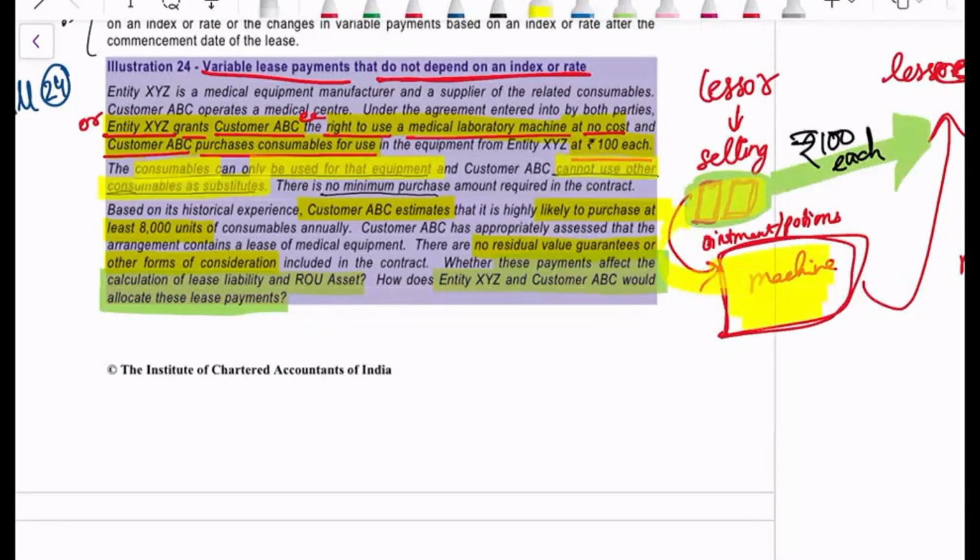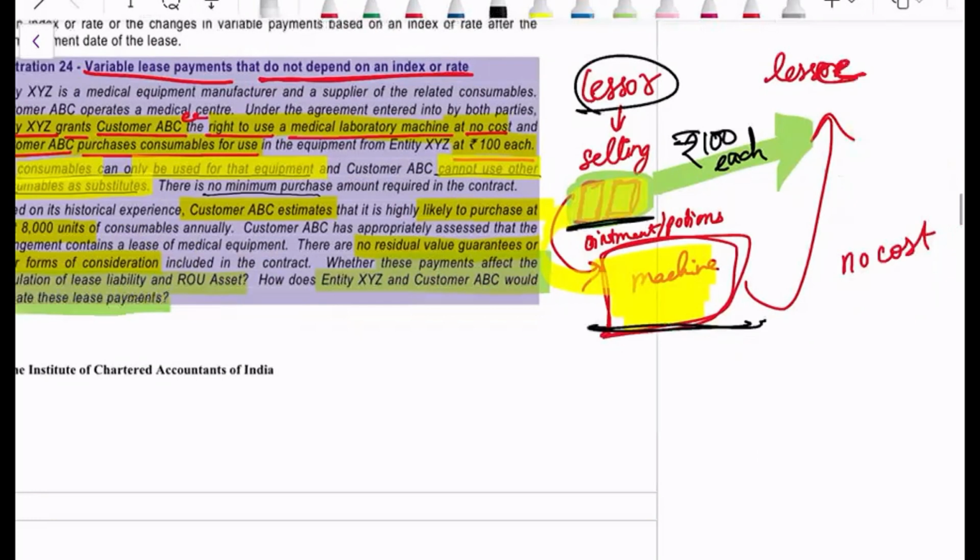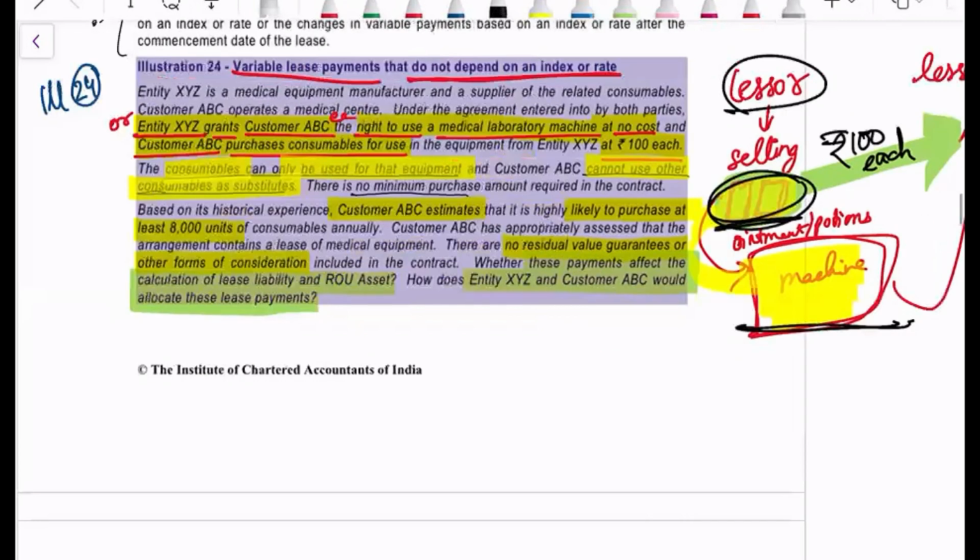So this machine is not going to make the lessor money, but the consumables are, because the lessee can only use these consumables. Customer ABC estimates that it is likely to purchase at least 8,000 units of consumables.